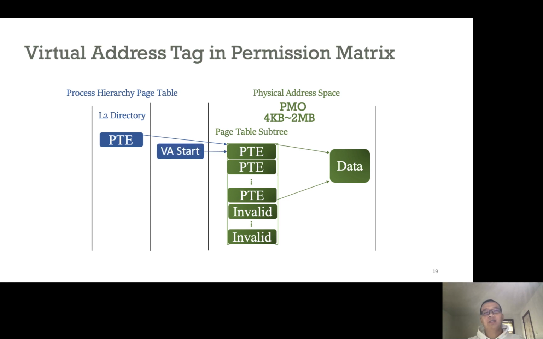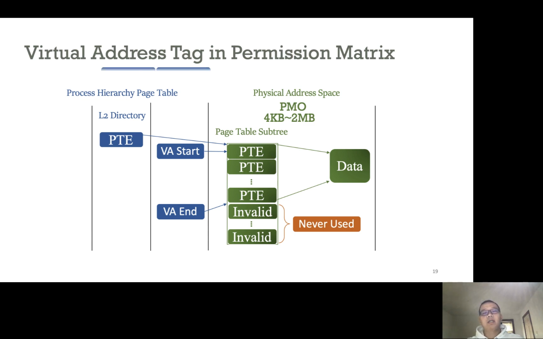The virtual address start is the virtual address that the first valid PTE points to, and the virtual address end is what the last valid PTE points to. But those invalid PTEs will not be used by the process address space, because that is an embedded page table subtree, not the process address space.